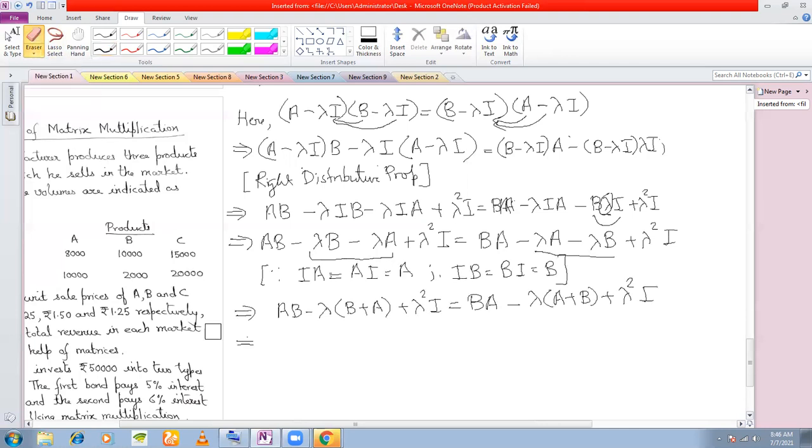Since, what is the property that we are using here? Since CA, C is a scalar, minus CB is equal to C times (A minus B). If you see the properties in your scalar multiplication, this was the property I mentioned.